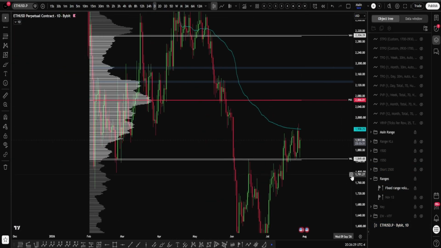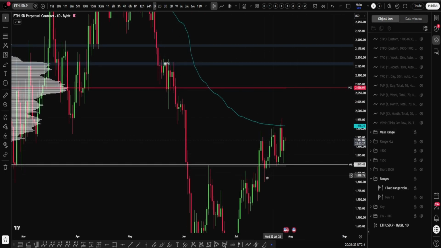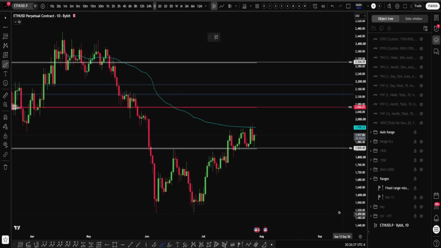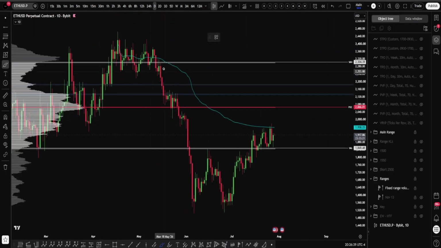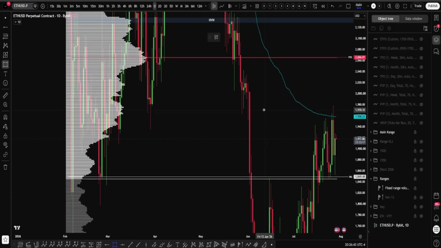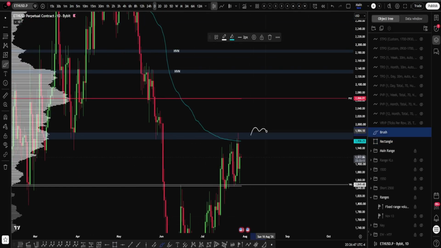Even with this ETH profile, you can clearly see that ETH has great acceptance above the value below. If you flip this, with this high volume node here, it's likely that you're going to revisit the point of control after it breaks out of that high volume node.